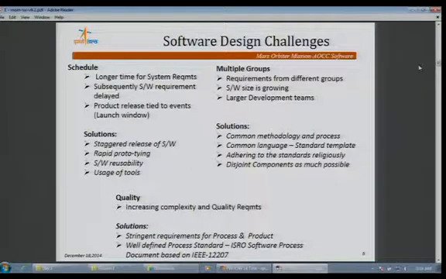The strategies adopted include staggered release of software, so as and when the software is developed, it goes for testing and release, and rapid prototyping, so turnaround times are faster and we are able to go in staggered mode. The major advantage, which we will see subsequently, is the reusability of older codes and other modules. And various tools are going to help us in achieving all these goals.